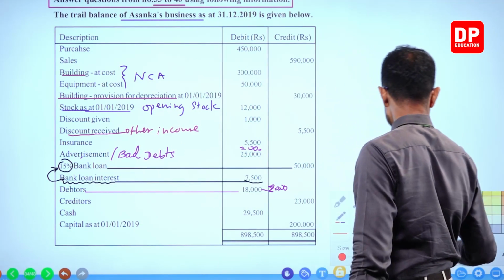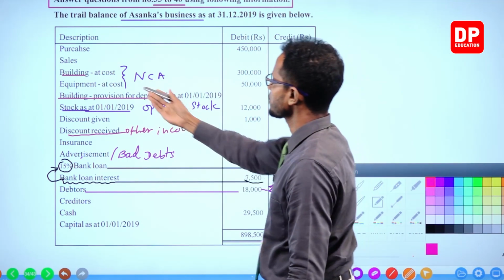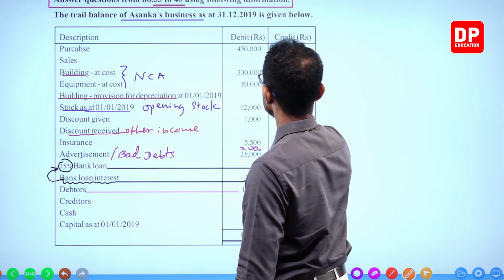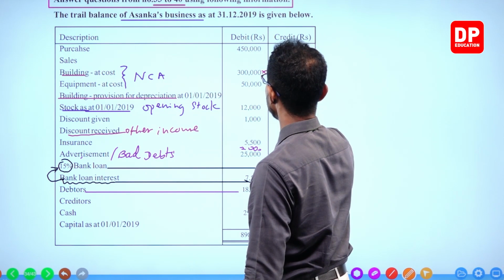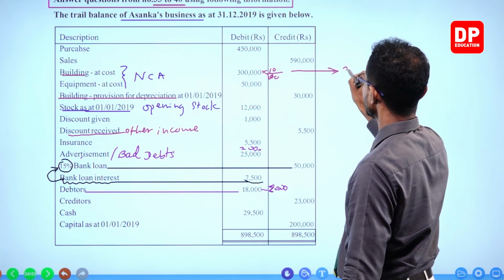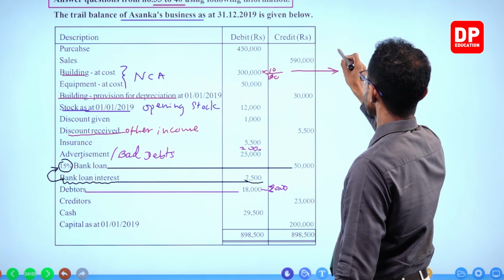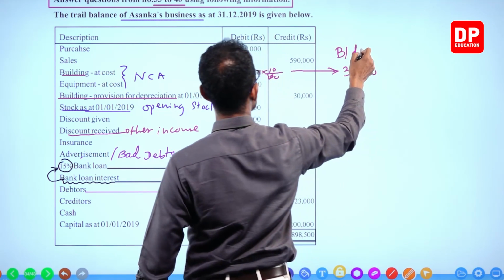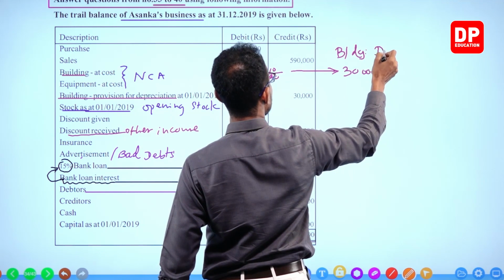Where is the building? Building is right here. 10 over 100, you get 30,000. Building depreciation.